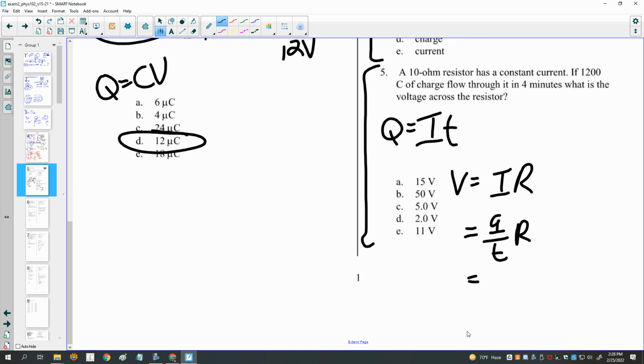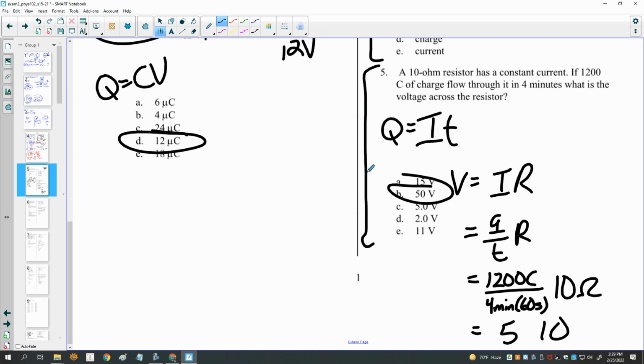That would be 1200 coulombs divided by the time, which is 4 minutes times 60 seconds, times R, which is 10 ohms. So that gives me my current times my resistance. What's that? 4 times 60. What's that? 240. I think it's 5 times 10. I think that's right.